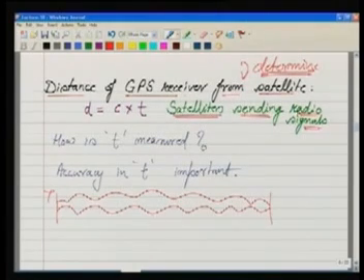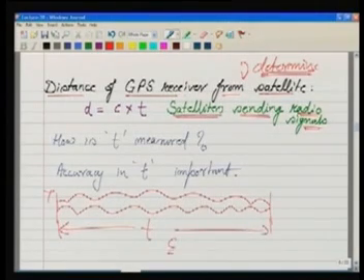So, by measuring the time of travel and by knowing the velocity of light, it was possible to determine the distance. So, distance here was C into T by 2. We can do this by phase measurement or whatever, but in this case our transmitter is sending the signal, it is sending the electromagnetic radiation.